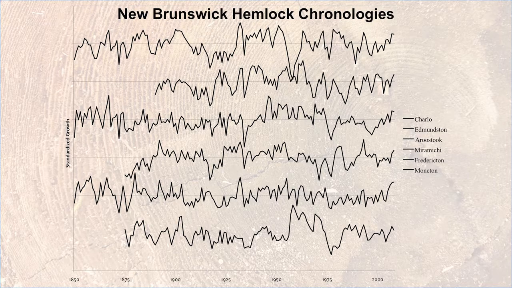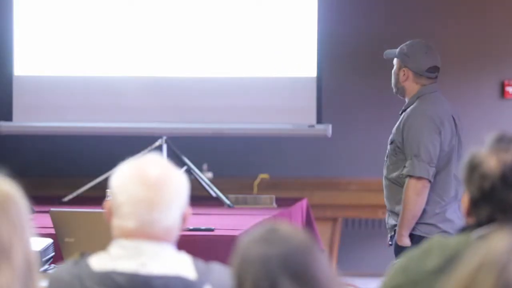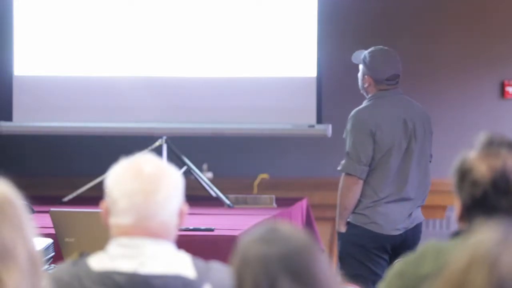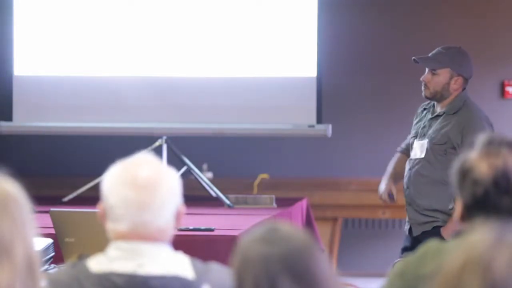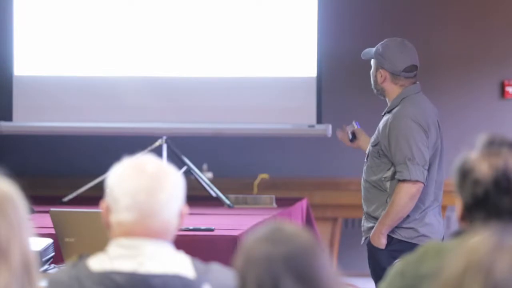It might be hard to see the years on the bottom x-axis, but you can see that throughout New Brunswick there are synchronicities between these different chronologies. They're the same species in different areas, but they're picking up a similar signal.